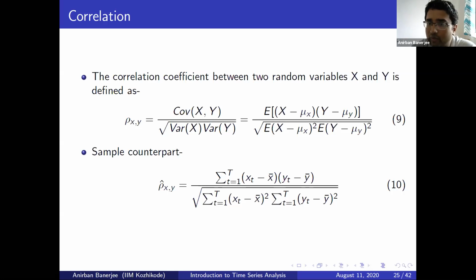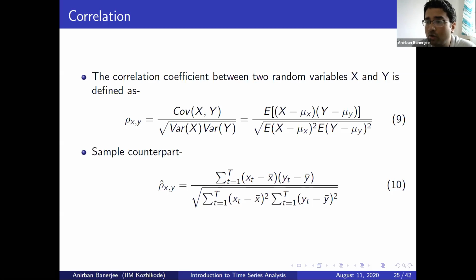So typically, the way we compute correlation is through covariance. The correlation coefficient between these two variables x and y can be defined as the covariance of x and y divided by the square root of the product of variances, or you can say the standard deviation of x multiplied by the standard deviation of y.